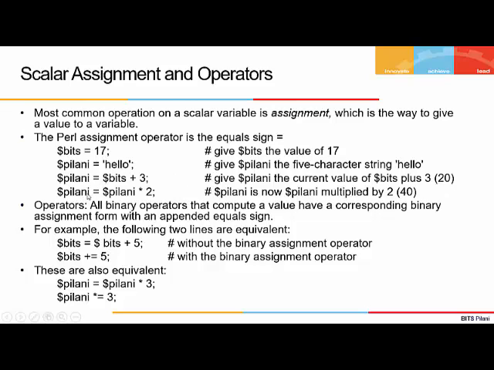In this line, dollar Pilani star equals 2, that is multiplication by 2. The value before for the variable Pilani is 20 and it's multiplied by 2, so the value of the variable Pilani now stands as 40.